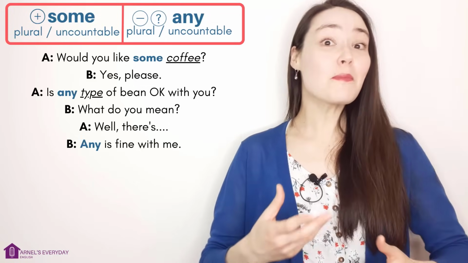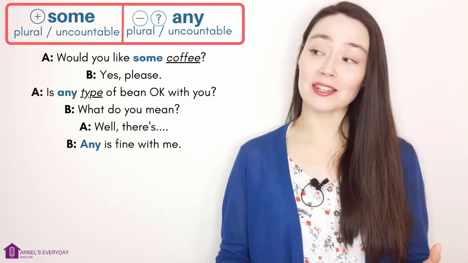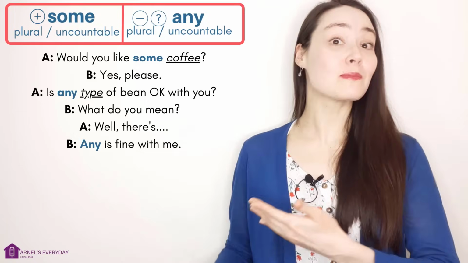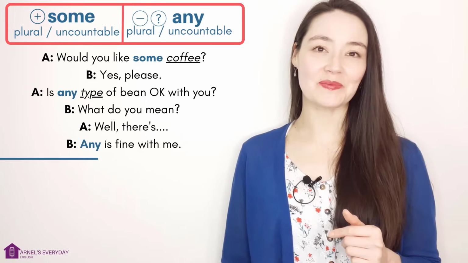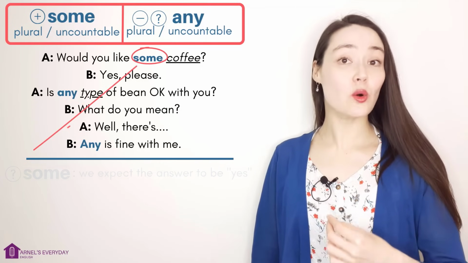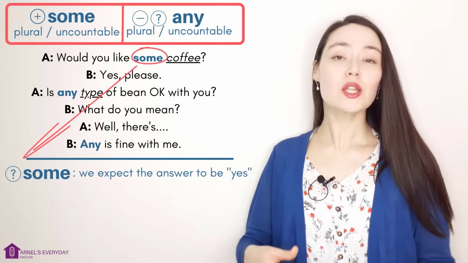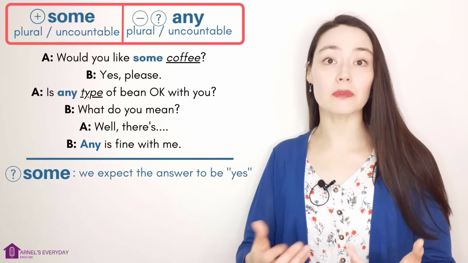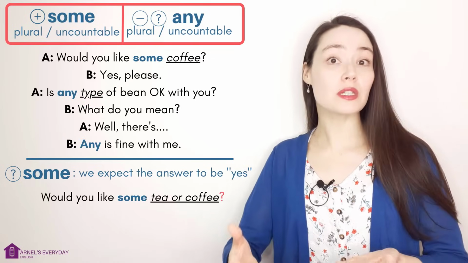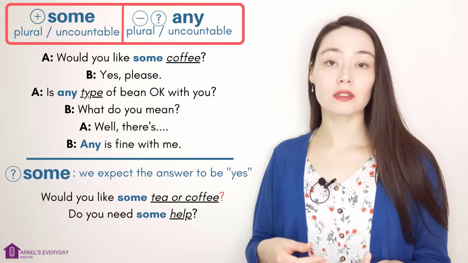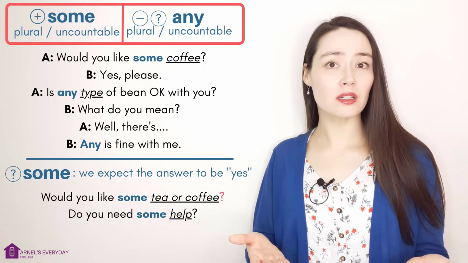Okay, you might notice a few differences between the basic rule and this mini conversation here. We can use some in questions if we expect the answer to be yes. Normally we are offering something. Would you like some tea or coffee? Do you need some help?